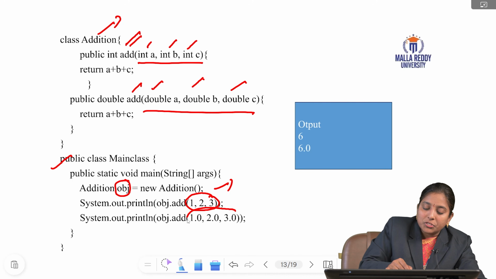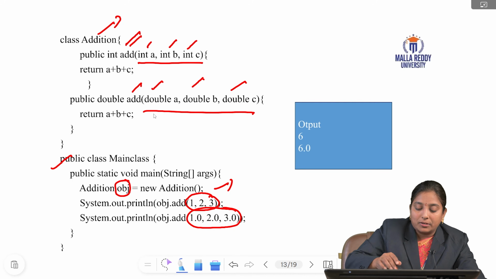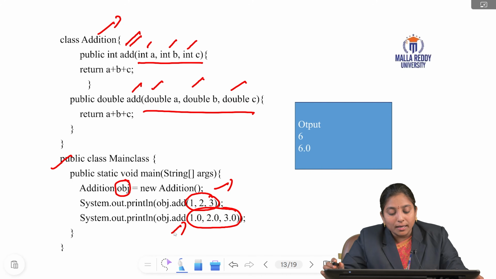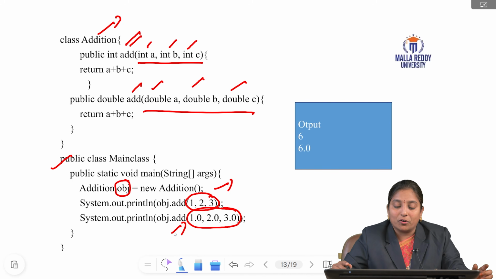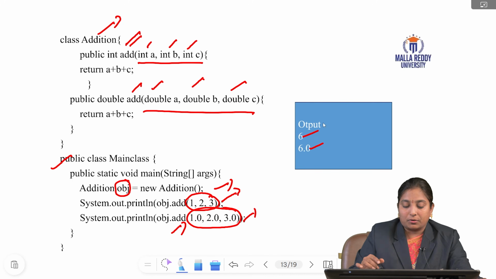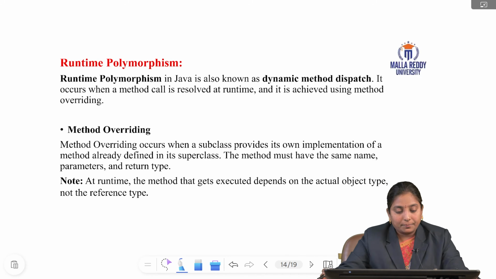Whenever we pass 1.0, 2.0, 3.0, the second add method, which contains the double values, is called. This is differentiated at the time of compilation. That is the method overloading concept. This is the output: for the first add method the output is 6, and for the second add method the output is 6.0.